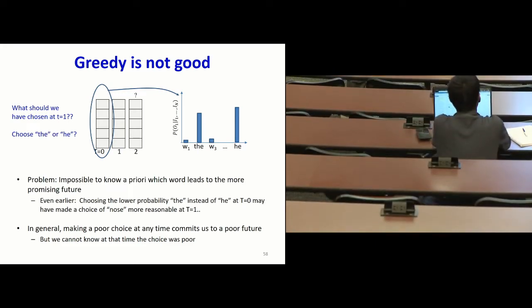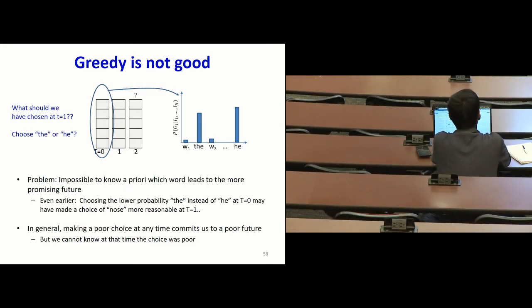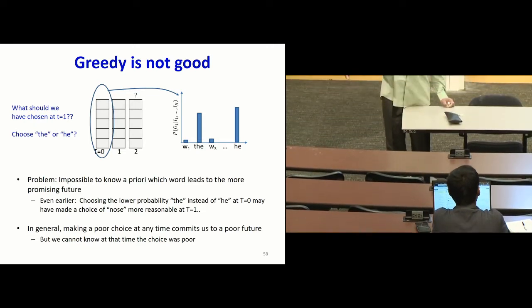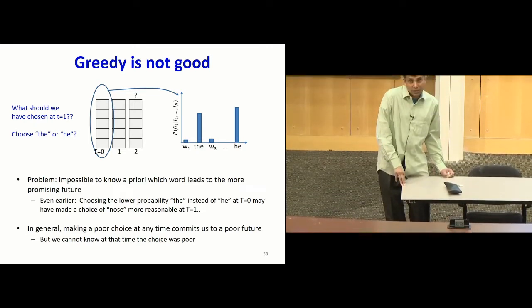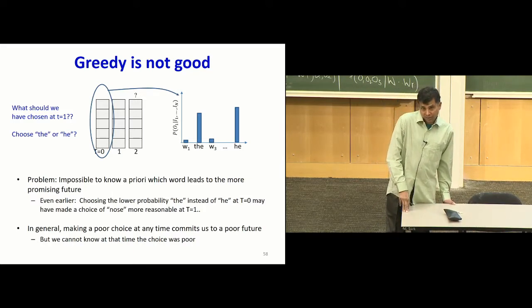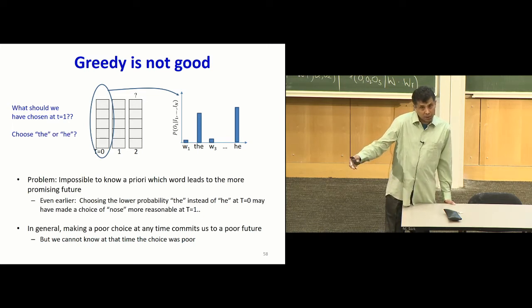Now, because you chose HE, the word KNOWS over here doesn't fit. And now for the third word, the probability distribution is confusing. But on the other hand, if you had chosen the slightly less probable but almost as probable word THE, then KNOWS is a very nice construct. You can actually be very certain of the third word.